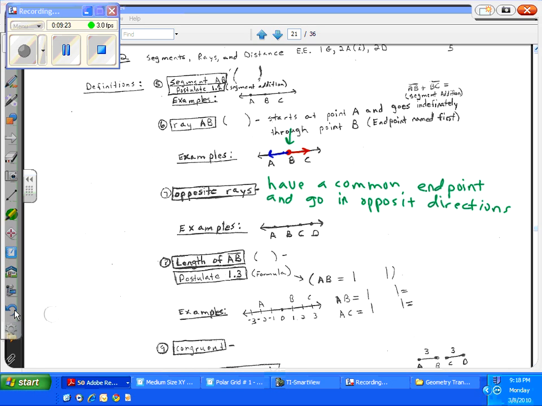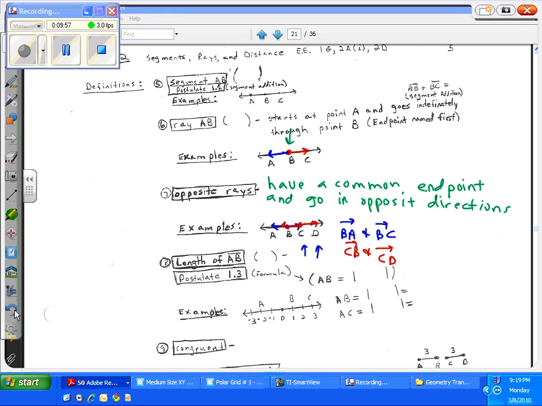So an example of opposite rays, if we look at this example, if we started at B and went in opposite directions, we would have ray BA and ray BC or BD, right? We could call that one ray BC or ray BD. If we started with point C, we could go opposite directions from C. So we could have ray CB to the left and ray CD to the right.